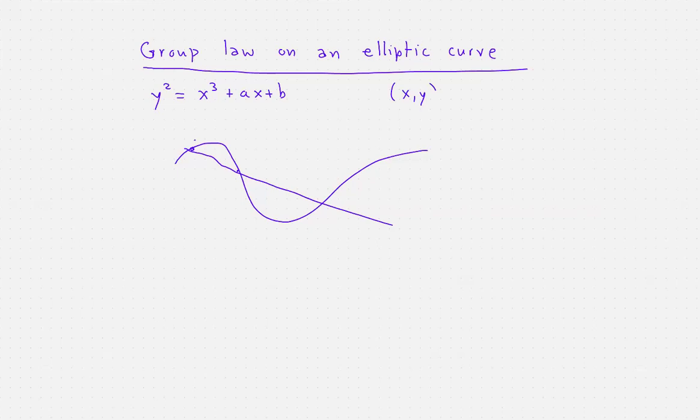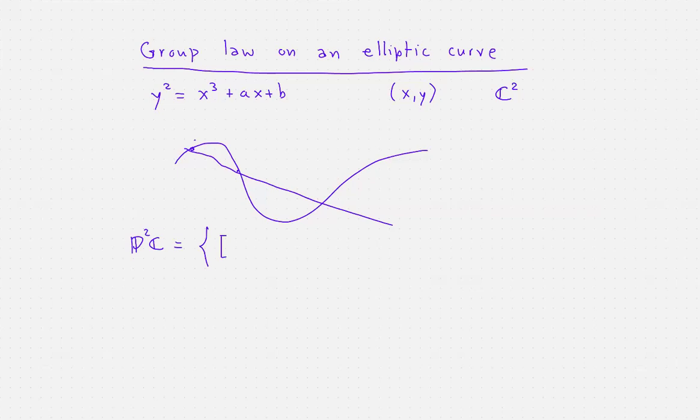So instead of working with all points in a two-dimensional complex space, we work with the so-called projective space. And the projective space consists of all triples of points. So we have something like x, y, z.